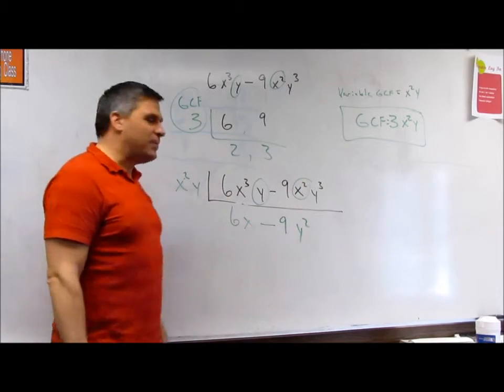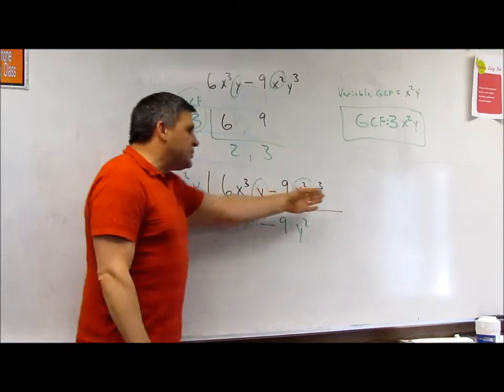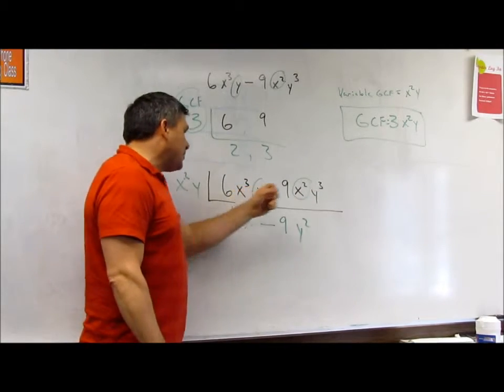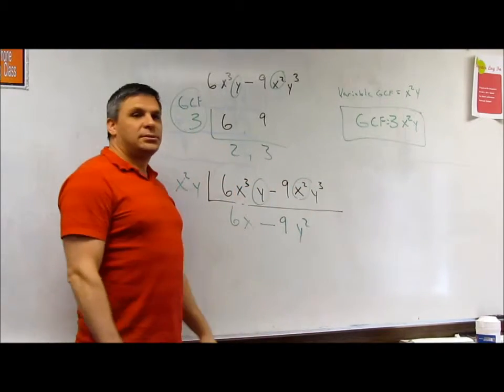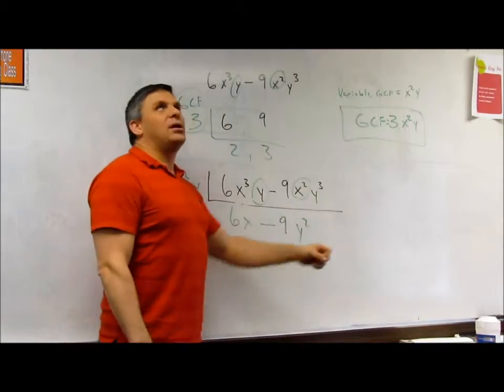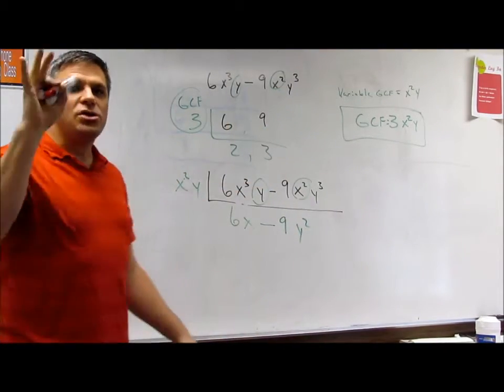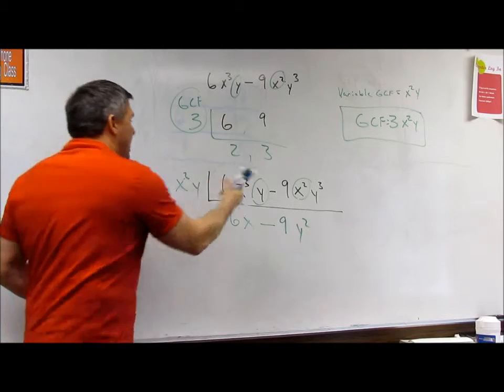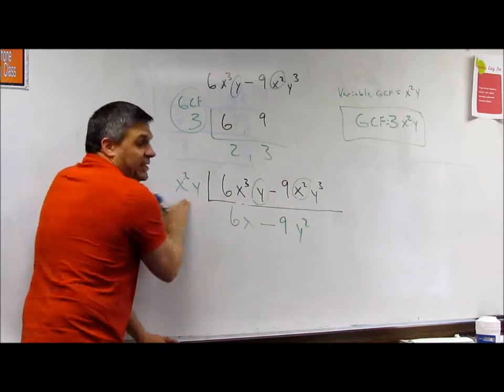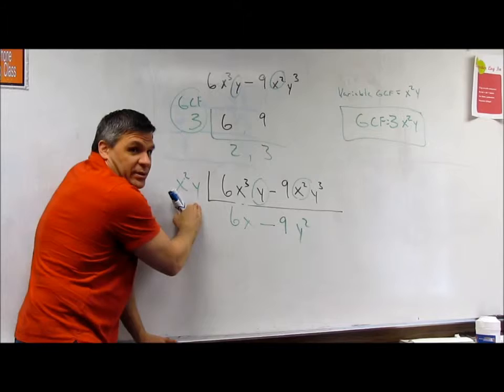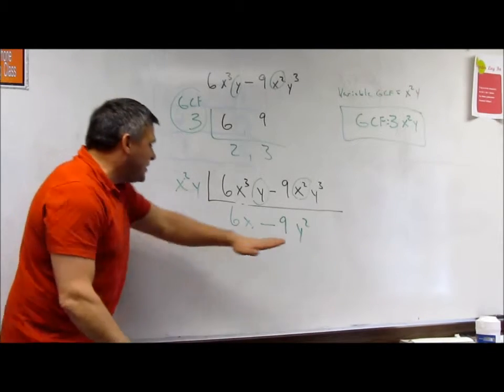GCF has lowest exponents, so the lowest exponents between them: x3, x2. Oh, it's x2. y1, y3. Oh, it's y1. So I circle them really quickly so I know what I'm pulling out. That's what I'm going to pull out. That's what's sitting here, right? X2, Y1.